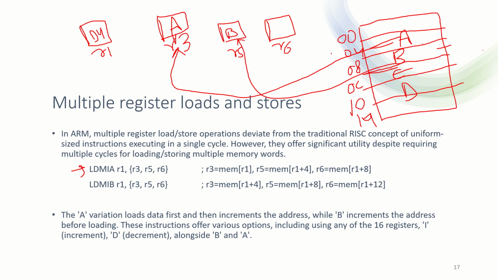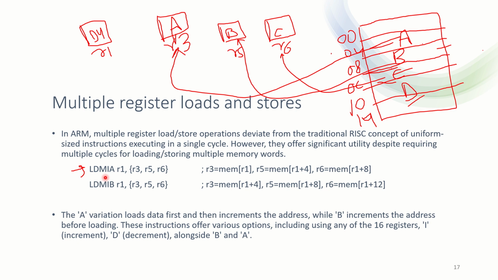Then R6, then next consecutive location, all the consecutive locations are going to be loaded. So C is going to be loaded into R6. So this is the meaning of LDMIA.